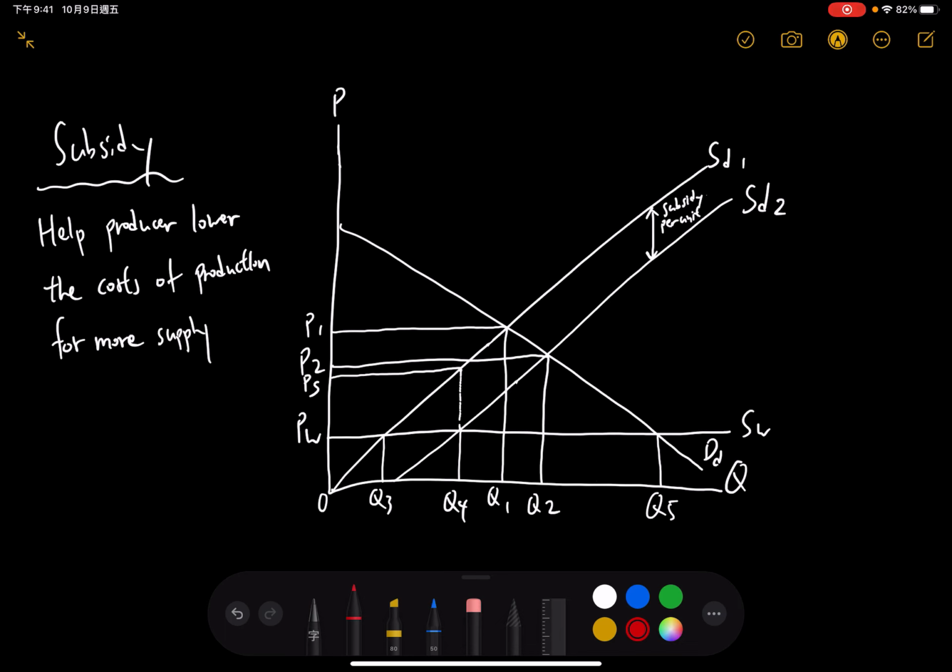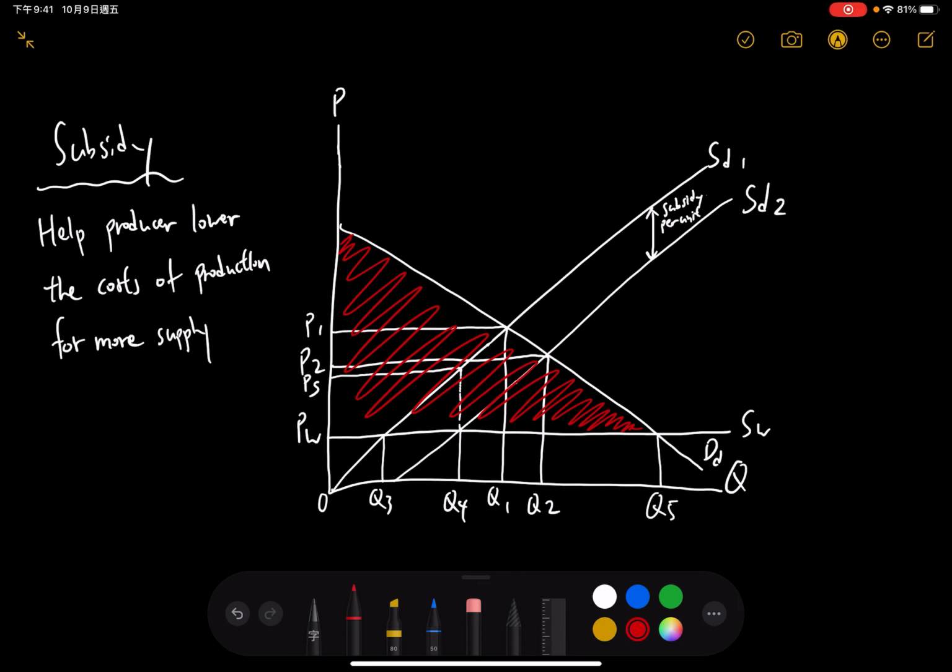You are consuming at PW, so you will have Q5 of the quantity. We just draw the CS from the top all the way to PW until Q5 right here. Does it make sense?